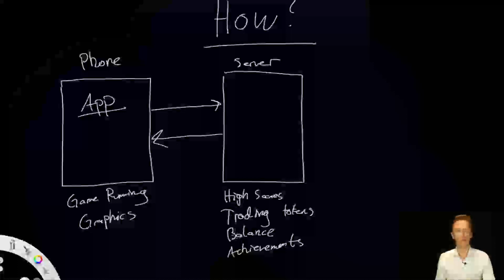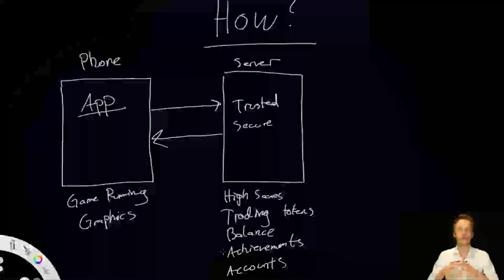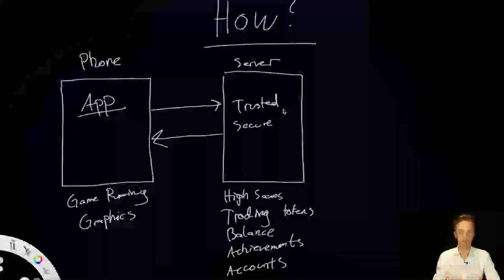But if we actually have things that should be secured, it could be passwords, accounts, right? We have plenty of things that should be kept on the server side, so that it is a fair playing field for everyone, because one single trusted entity holds all of the items, all of the scores, all of the accounts, and so on.